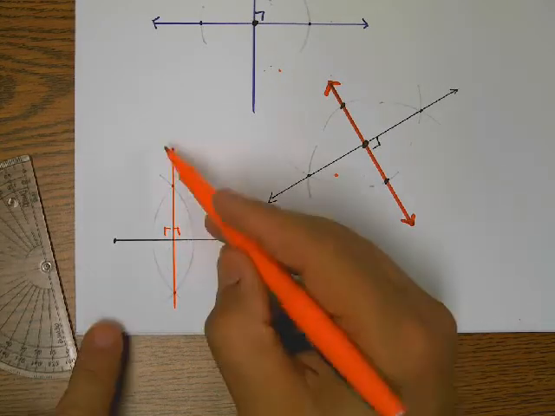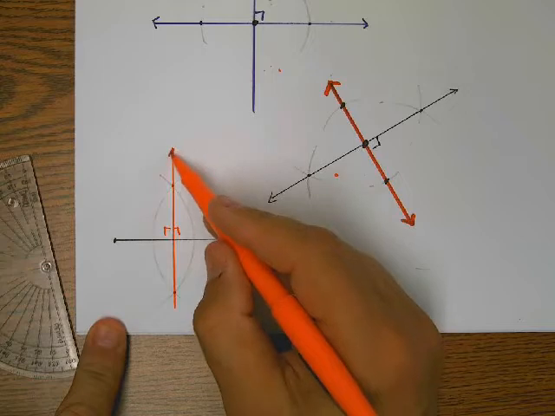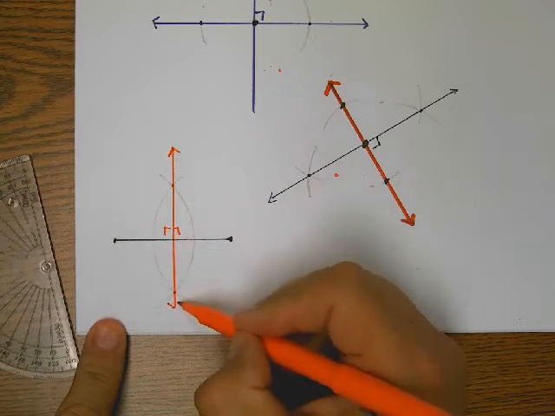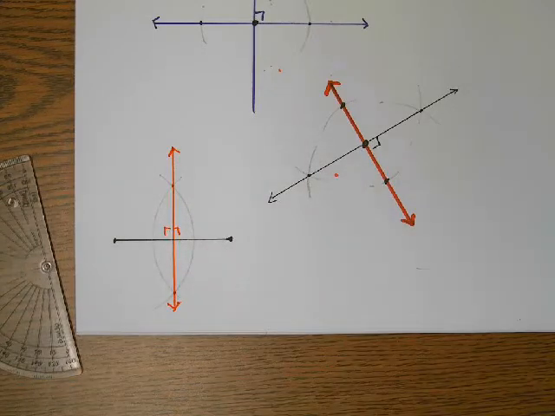Now this one that I drew in, could this be a line or a segment or a ray? Yeah, it could be any of those. All right, we good? Let's try it again now with the segment.